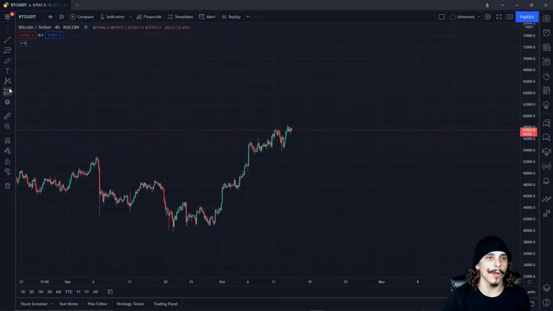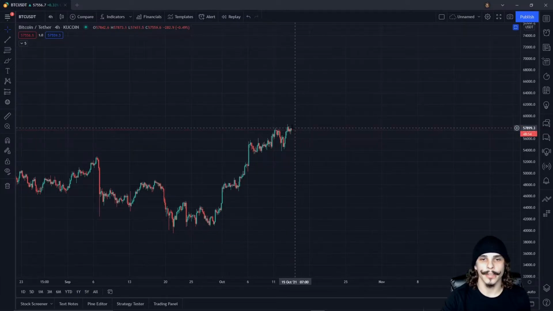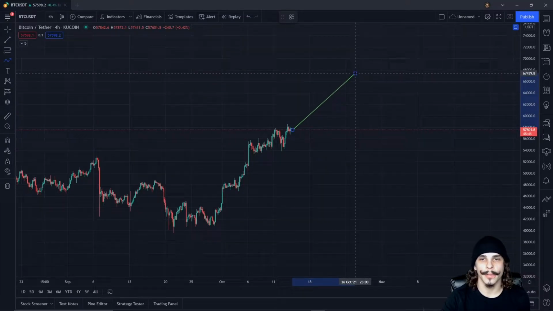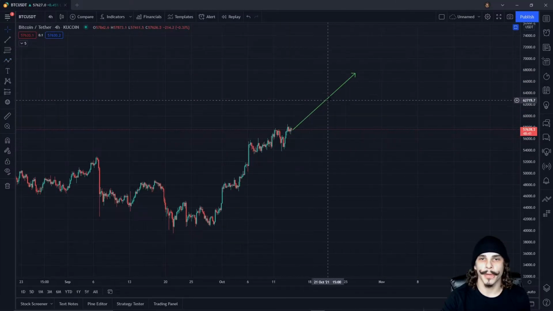If we want to go long on this, it means we're going to buy here and try to sell higher, right? So we're going to enter at this point and expect price to come up. We're expecting price to go this way if we want to take a long. Long means we expect price to go up.